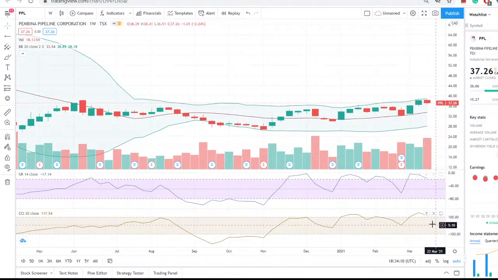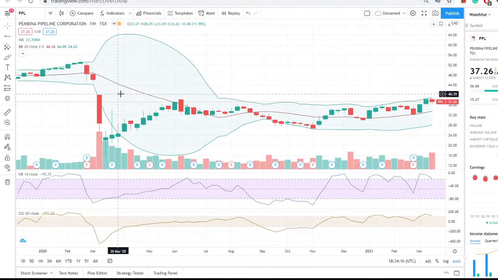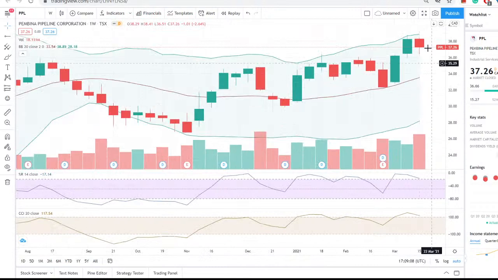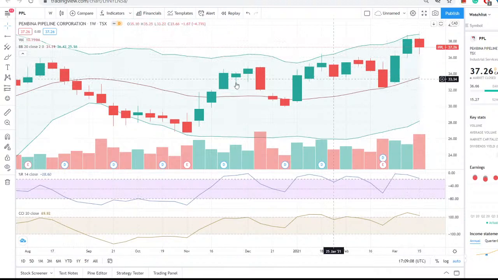Even Williams R and CCI were showing weakness on the weekly chart, but since it has a gap down which it needs to fill, it would be worth waiting for it to fall down and then get in. Weekly chart is showing weakness.